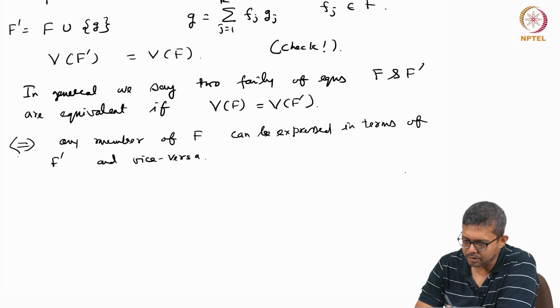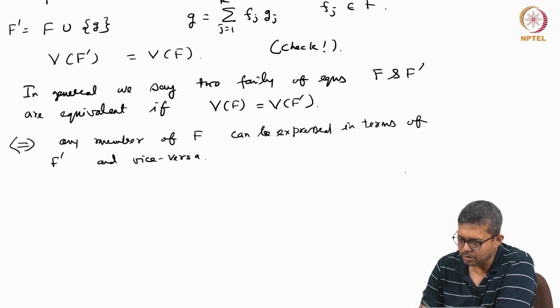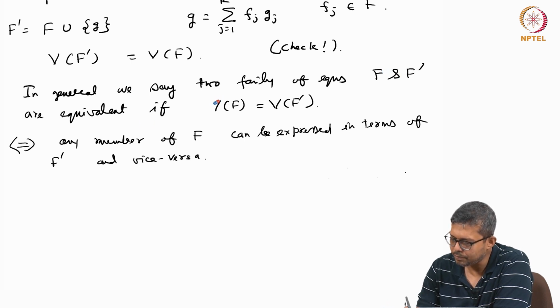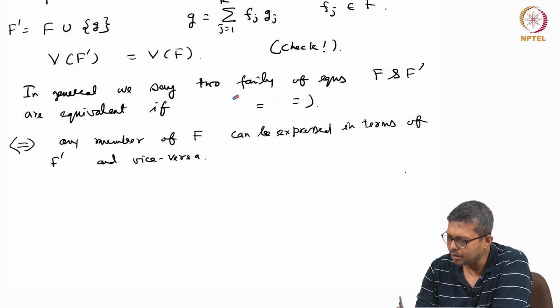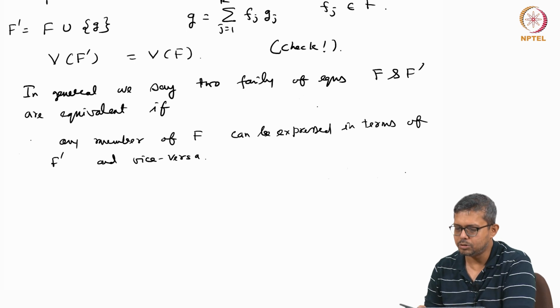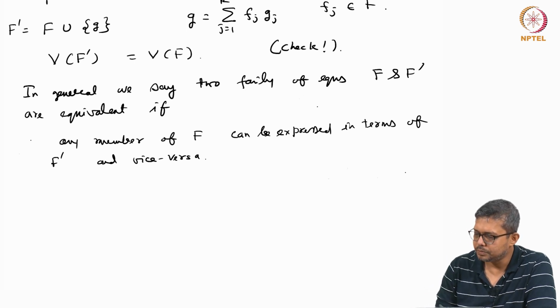So in general, let us say two families are equivalent if... exactly it is not equivalent, but it is close to that. Okay.